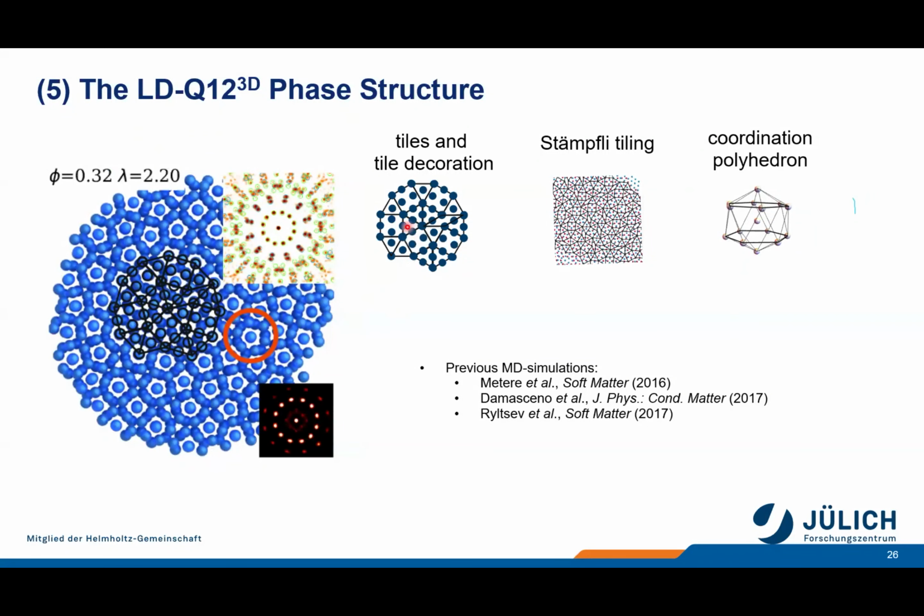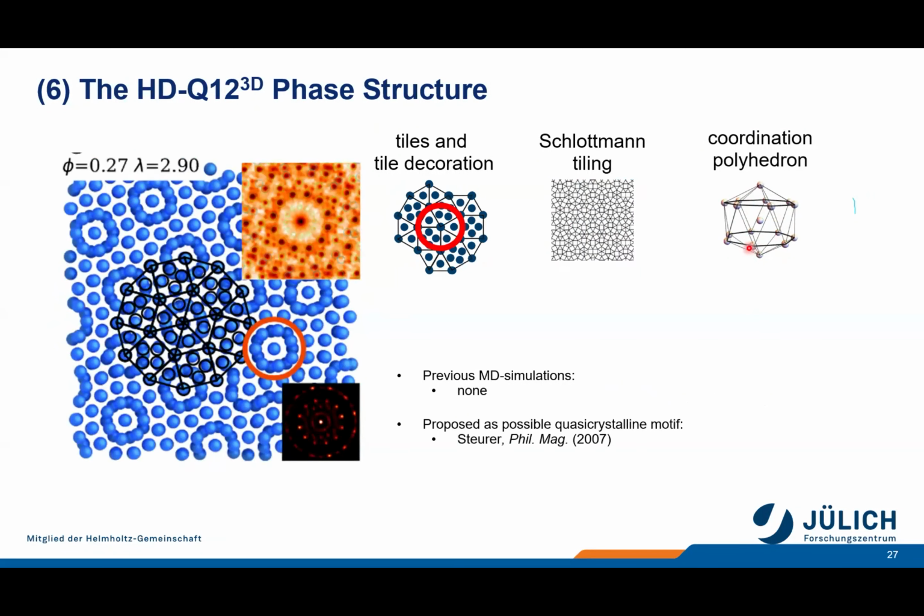This is shown here. You have 6 around the central one. This is the Stampfli tiling, and this is the coordination polyhedron, where here you have the 6 ones, and then this is the next plane with the 6 ones which are staggered with a central particle in the middle, and this AB stacking is then the three-dimensional arrangement. So in the 10-fold rotational symmetry, we had a 5+5 stacking, and here now we have a 6 and 6 stacking, also staggered. So this gives some idea about the geometry behind it.